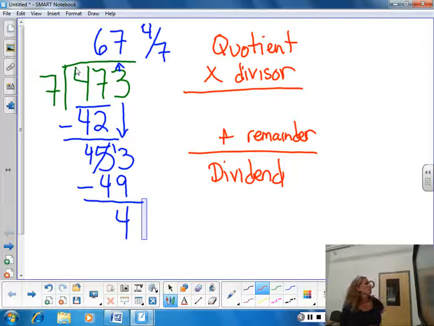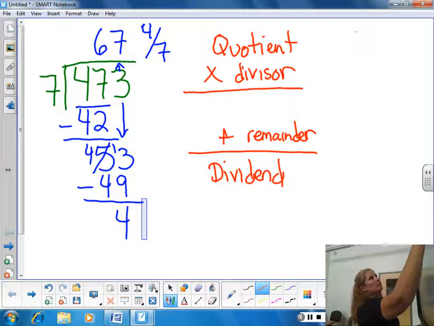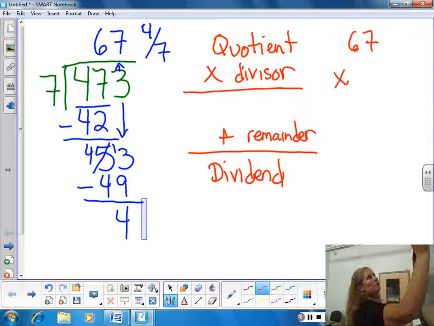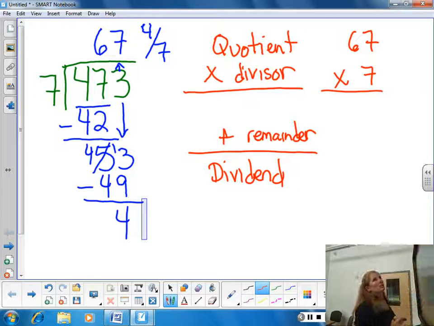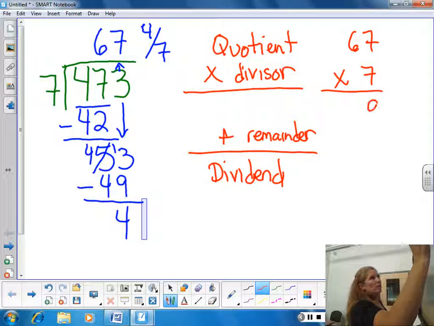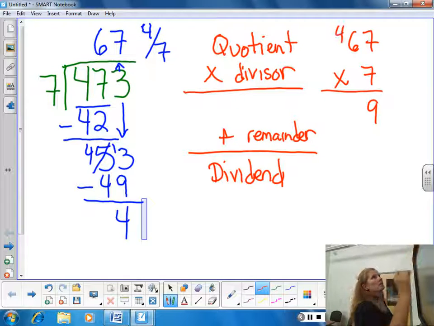So let's do that. Our quotient was 67. Our divisor was 7. 7 times 7 is 49. 7 times 6 is 42. Plus 4 is 46. And our remainder was 4.